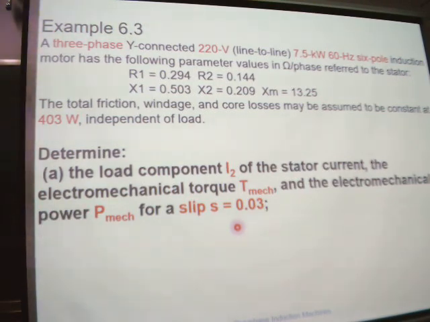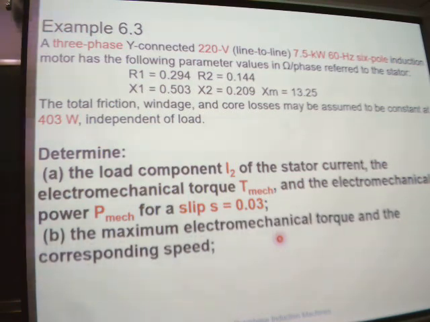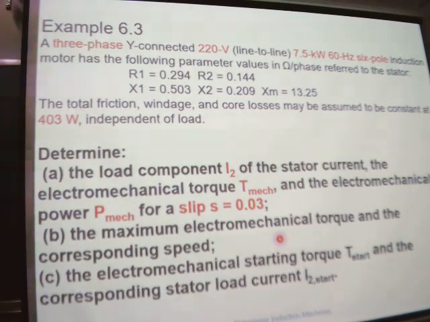So this time, what's the torque? The torque and the electromagnetic power. We have to calculate these items in part A. In part B, we find the maximum torque and the corresponding speed. And in part C, we calculate the starting torque, the speed and the starting load current.